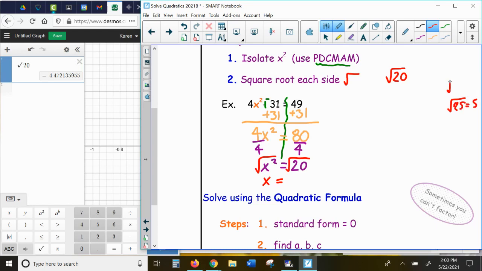The next smallest one was 16 because that equaled 4, really positive or negative 4, right? Then we had 9 because that equaled positive or negative 3. And then we had 4, which is positive or negative 2. And then the smallest one we had was 1. But we know when we divide by 1, nothing happens. So we kind of just ignore that radical 1. Kind of like how we ignore the 1 when we're talking about GCF sometimes.